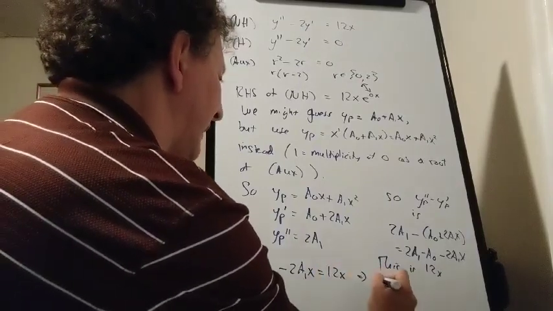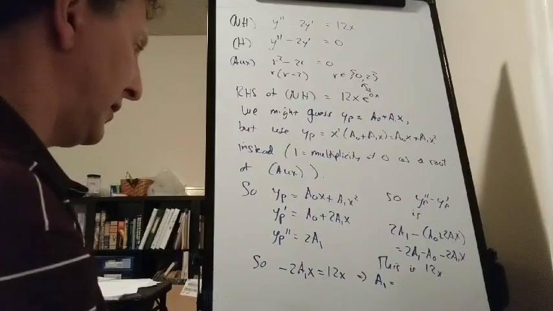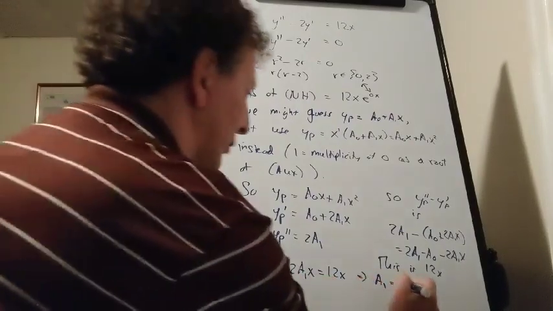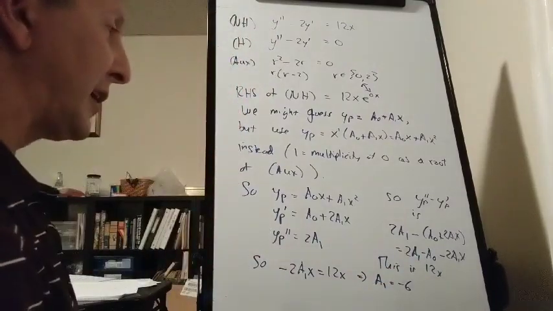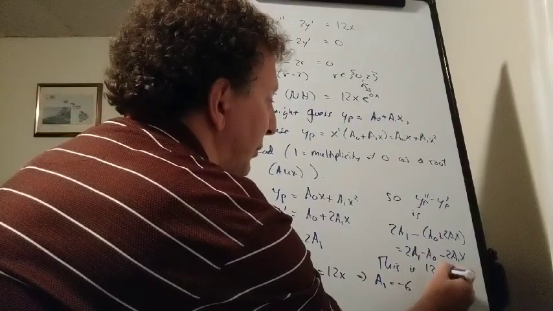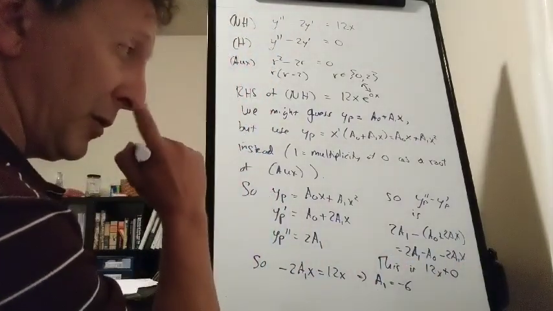So that means that a1 equals negative 3 if we divide both sides by negative 4. And then if we look at constant terms on both sides here, this is 12x plus constant term of 0.